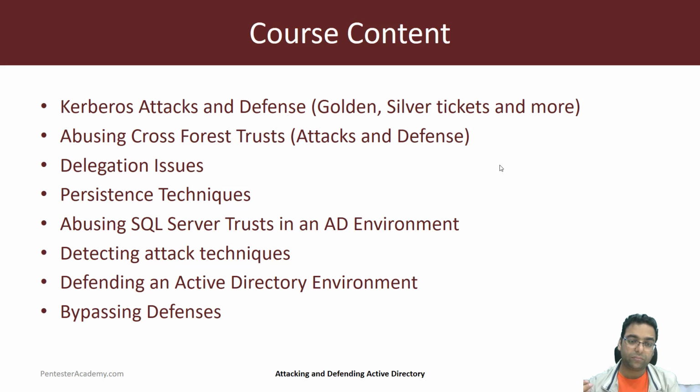What else? So it's a longer course, so I have to recall what else we are going to discuss. In persistence, we talk about, in privilege escalation, we talk about DNS admins. Then we move ahead to privilege escalation from the domain level to the enterprise level. We will see multiple ways of escalating privileges from a leaf node to the forest root, from domain admin of a member domain to the enterprise admin, that is domain admin privileges on the root of the forest.